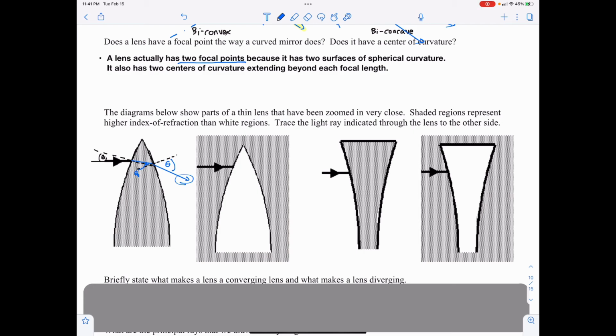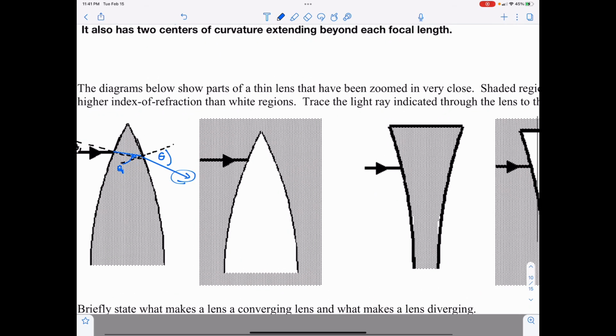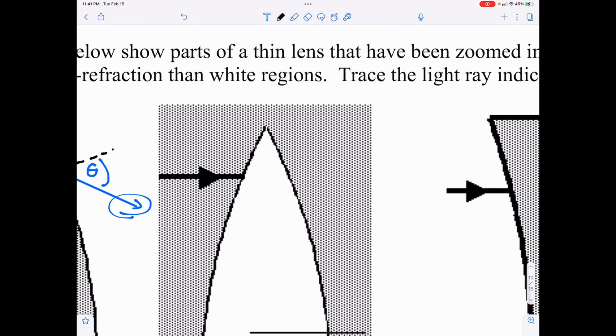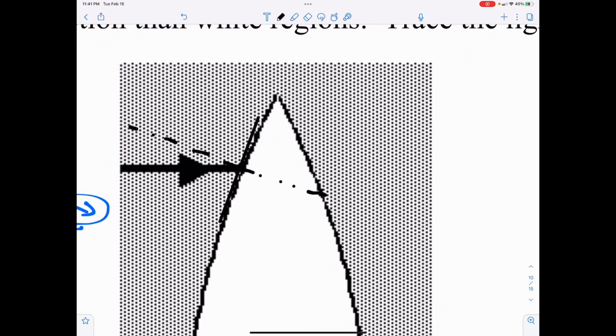Okay, so what would happen if the situation were reversed? You have a converging kind of shape that is hollowed out on the inside. Let's get ourselves a surface, normal. We would bend farther from the normal, just like that.